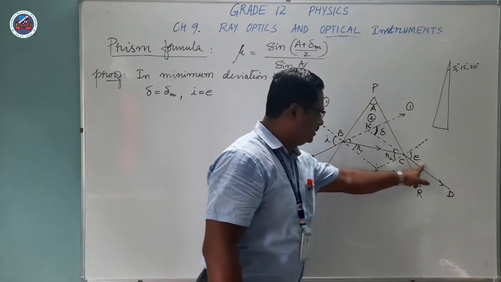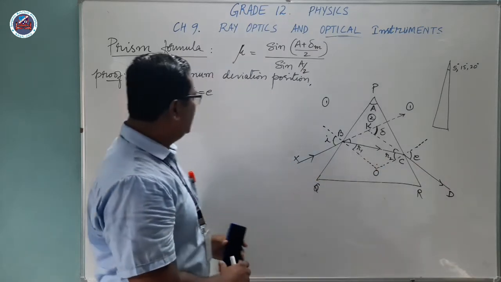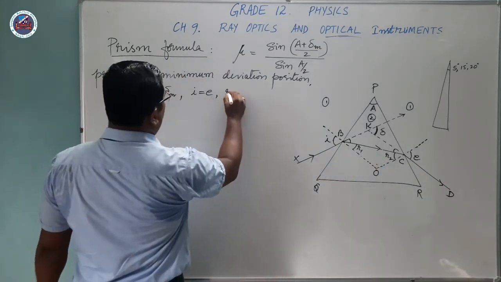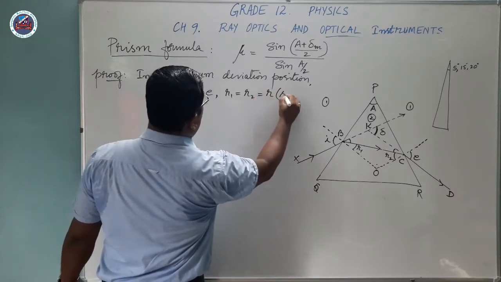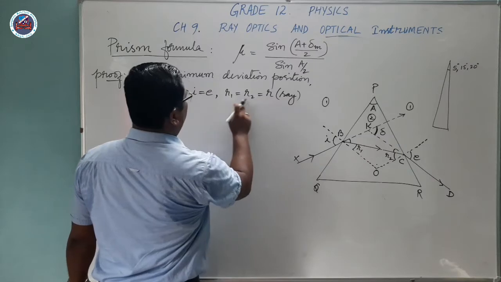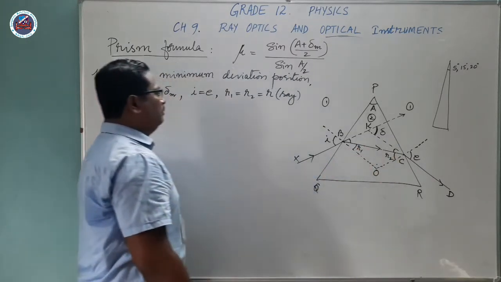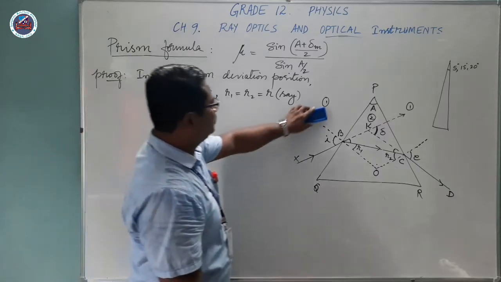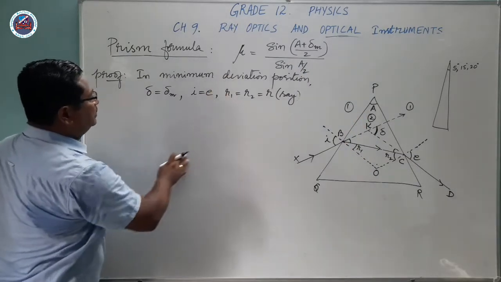These two angles will be exactly equal, and R1 is also equal to R2, the two refracting angles. Let us take it as R. If there is only one R, both equal to R, then better to say it is R, the angle of refraction. So we can get the expression like this.